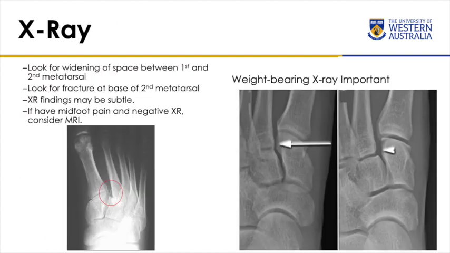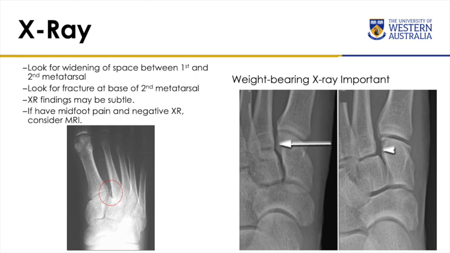X-ray findings may be subtle. It is important to look for widening of the space between the 1st and 2nd metatarsal. Here, a weight-bearing X-ray is important. As you can see on the right, the difference between a non-weight-bearing and a weight-bearing X-ray where the gap increases.